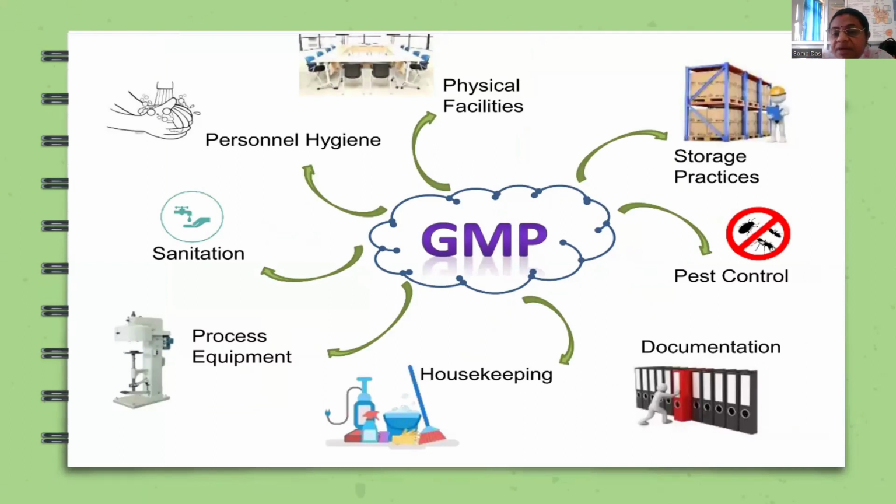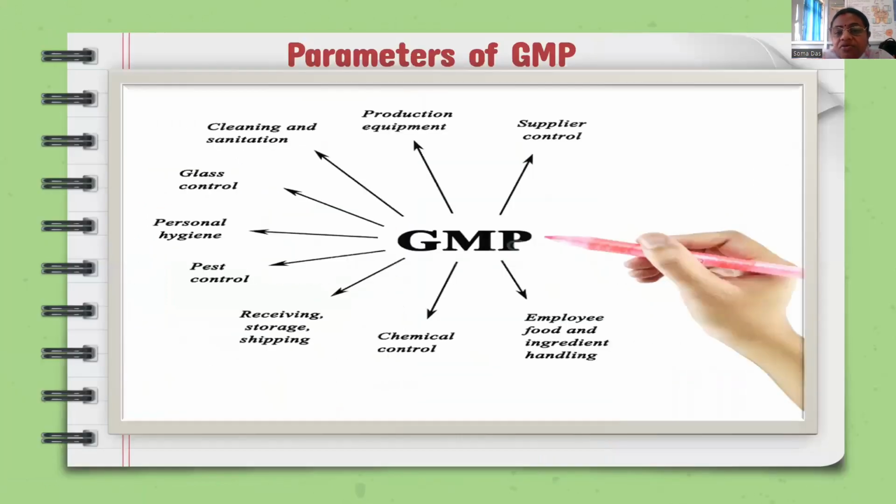So these are the minimum parameters when we talk about good manufacturing practices. So what are the parameters involved here? Supply control is very important, production equipment, cleaning and sanitation, glass control, personal hygiene, pest control, receiving of storage, chemical control, and ingredient handling.